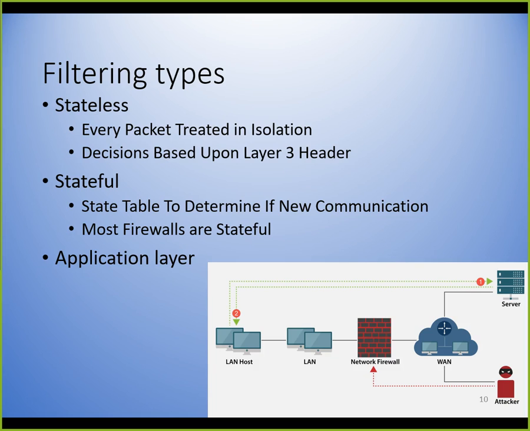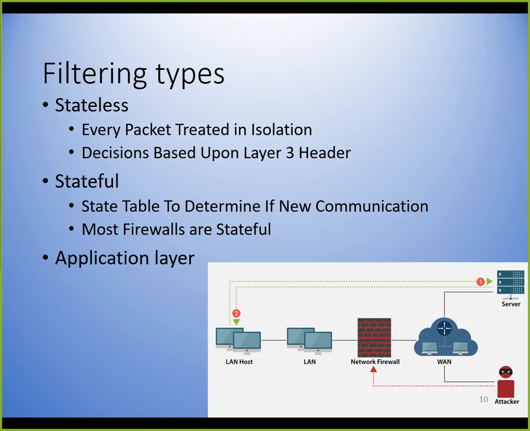The filtering types of these things, we have 2 types of firewalls. The stateless are old ones. Stateless, every packet treated in isolation. We have the access control list rules that we have. Every packet has to be checked. It's kind of a little difficult because if you are allowing web traffic back in your network, for instance, you've got to allow port 80 for every address in the world.